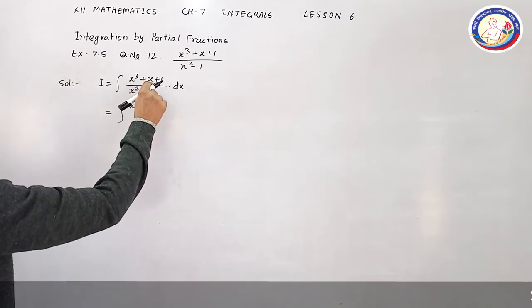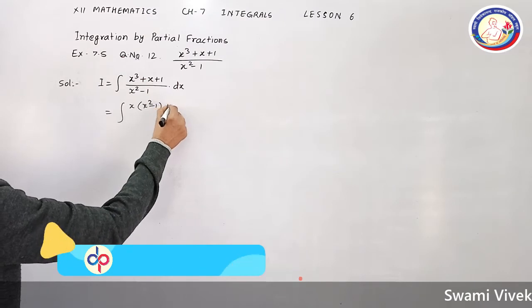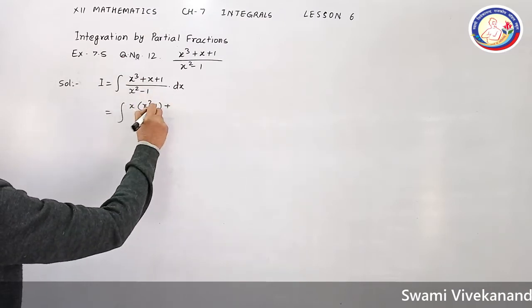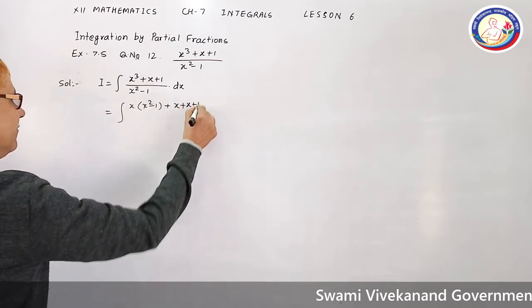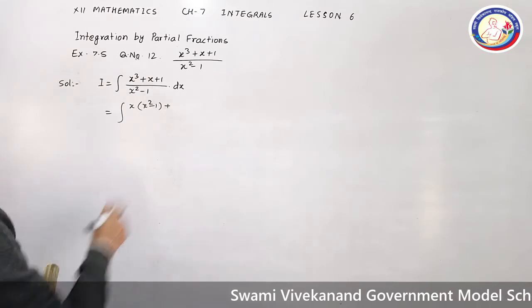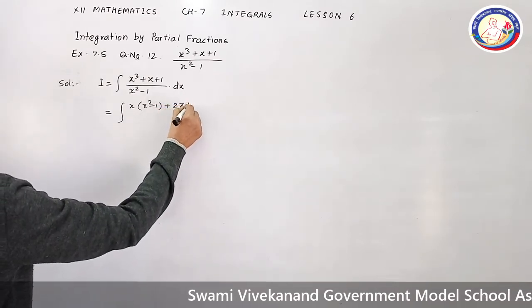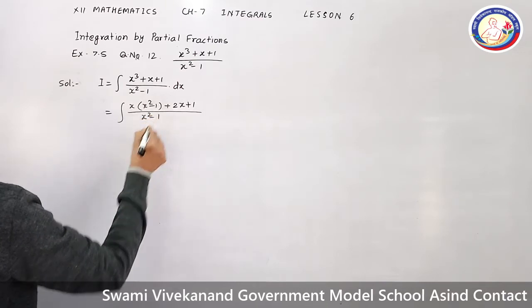X is already here, so we will add x to this. This is minus x, so x plus 1, and it will be in the form x plus 2x plus 1 divided by x square minus 1.